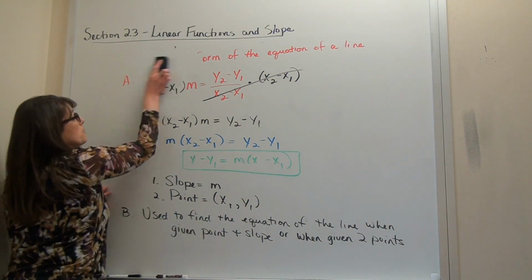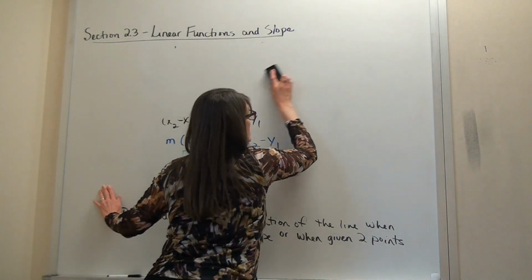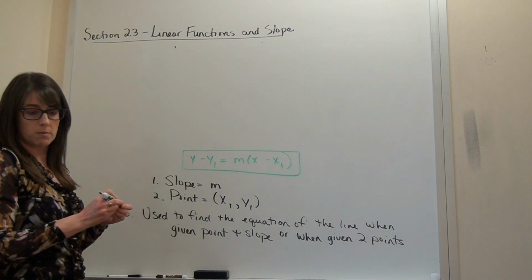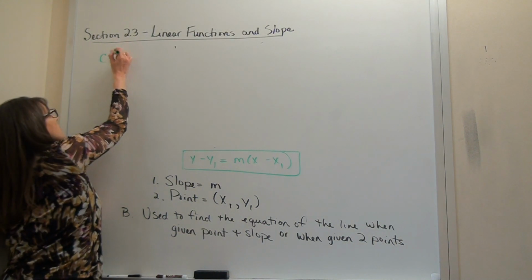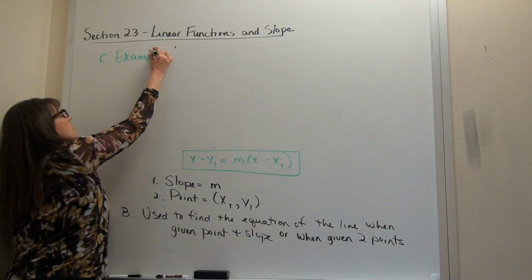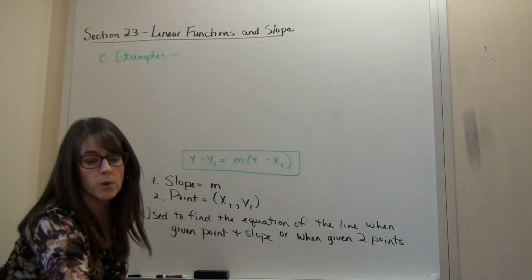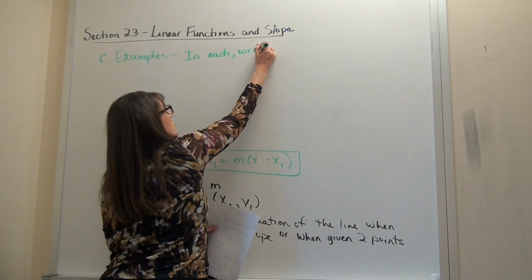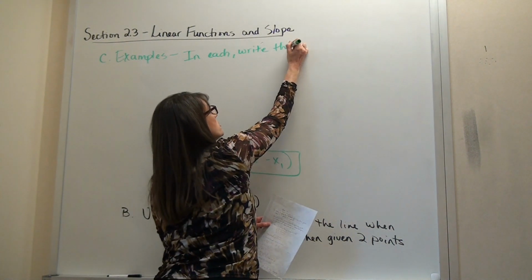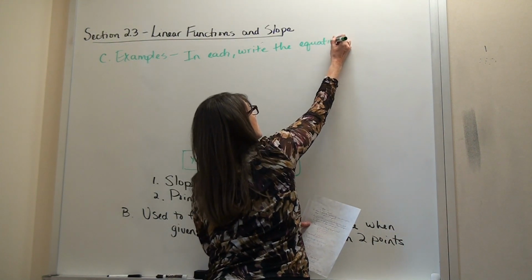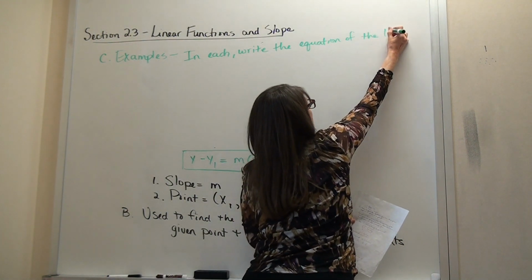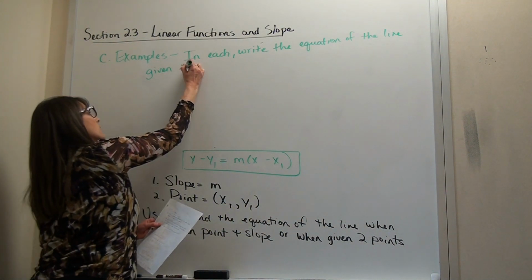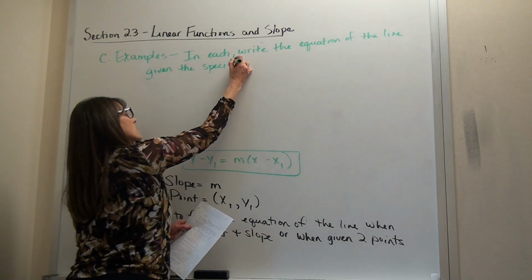So we're going to go through some examples here to show you how this point slope form works. All you really need is this point slope form that you see right here. I was just simply showing you where it comes from. So in these examples, what we're going to do is, in each, we're going to write the equation of the line given the specified conditions.